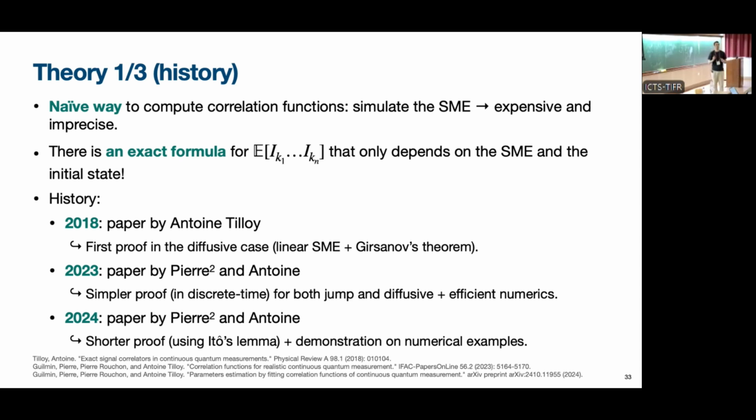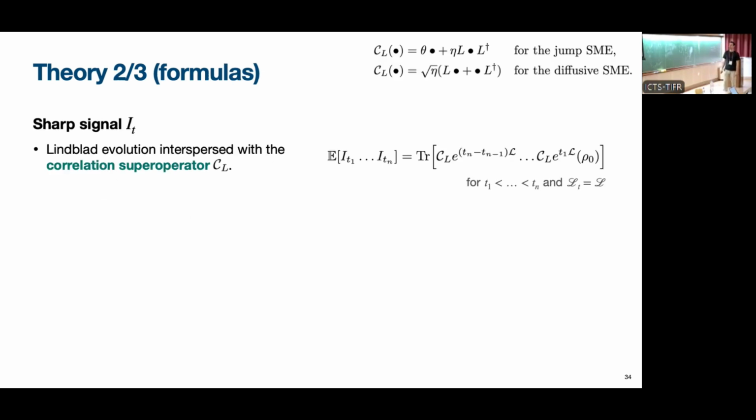It's just 1 column, and a demonstration on numerical examples of whether this works, whether you can actually fit parameters using these formulas. All right, so what are the formulas? First, I'm introducing what we call correlation superoperators. So it's just operators that depend on the jump operator that is measured, the detection efficiency, and the Dhar rate. And they have different expressions for the jump and for the diffusive SME.